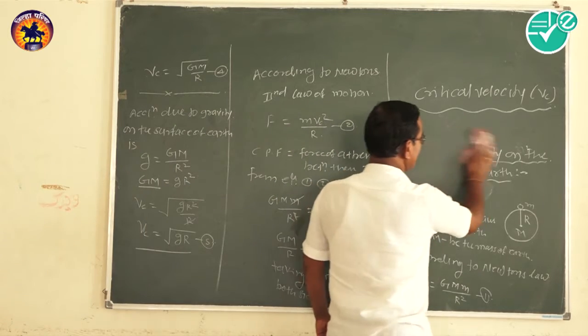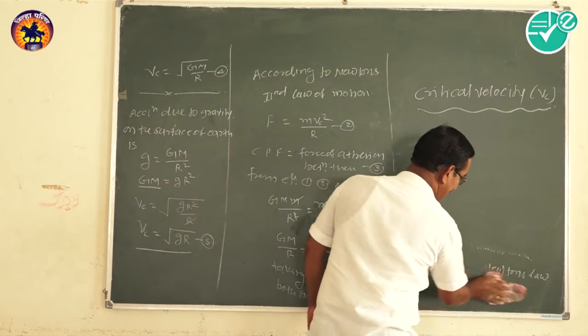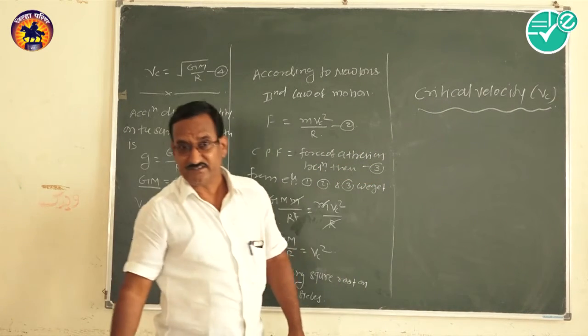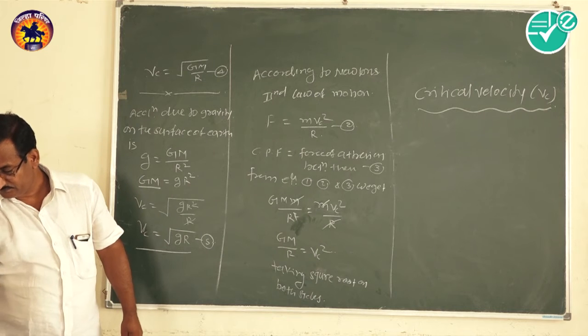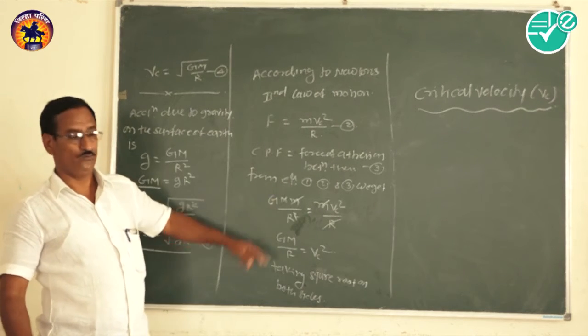Then the same critical velocity can be determined in terms of the density rho.